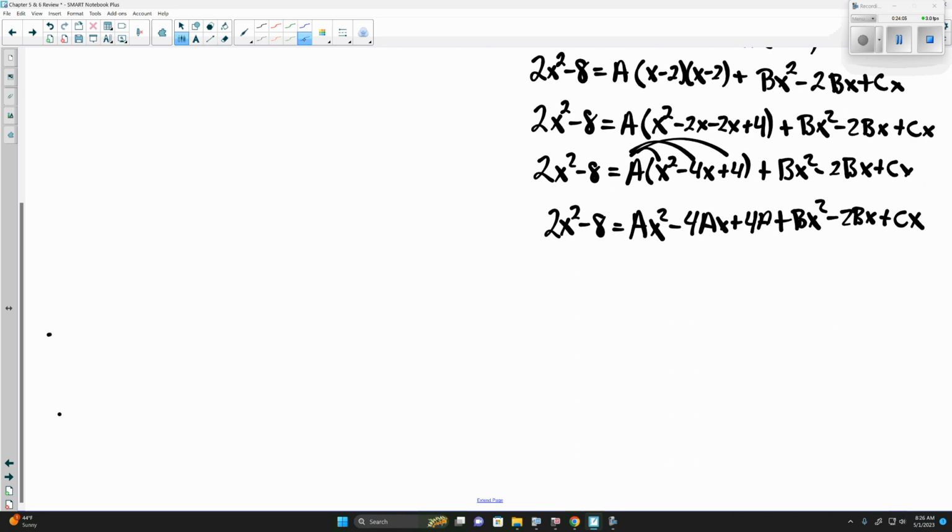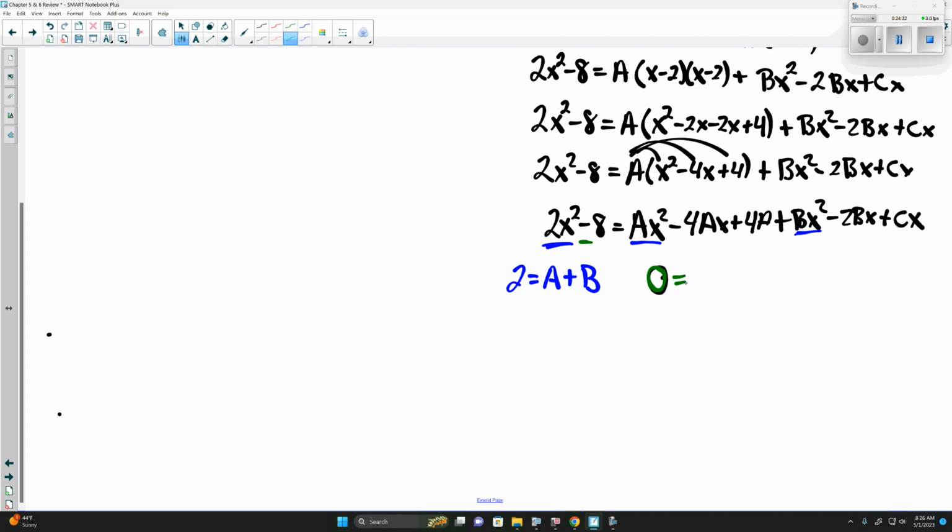At this point here, we do need to match up our terms. So 2x squared is going to match up with our ax squared and bx squared. They're telling us that 2 is equal to a plus b. Now we don't have an x term, so its value is understood to be 0, because we have 0x, since it wasn't included.